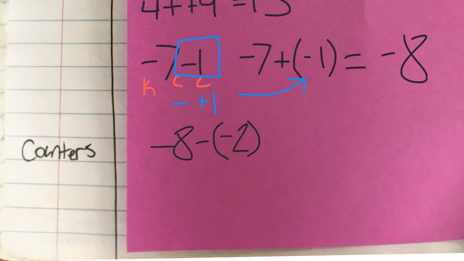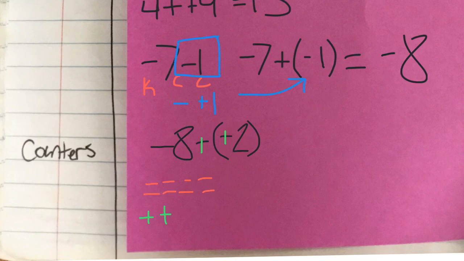So what we are going to do is we're going to show it like this. I'm going to show my 8 negatives, 1, 2, 3, 4, 5, 6, 7, 8. And now, according to my keep, change, change, this becomes plus a positive 2. So I'm going to put 2 positives down here.